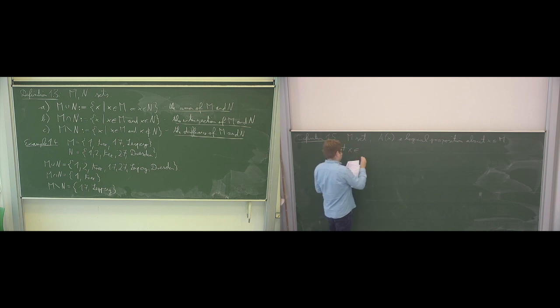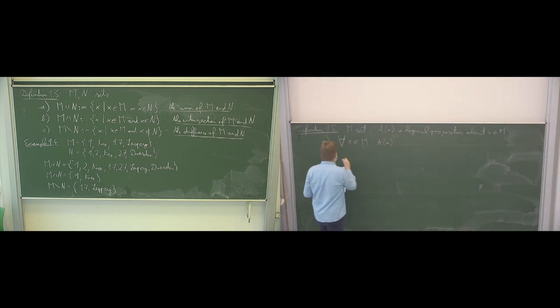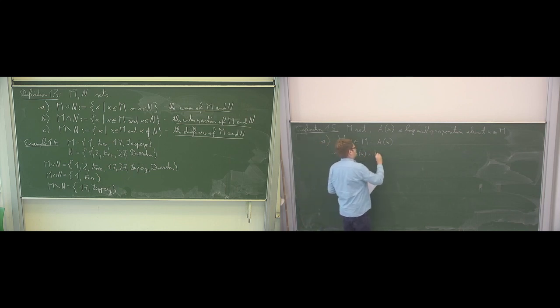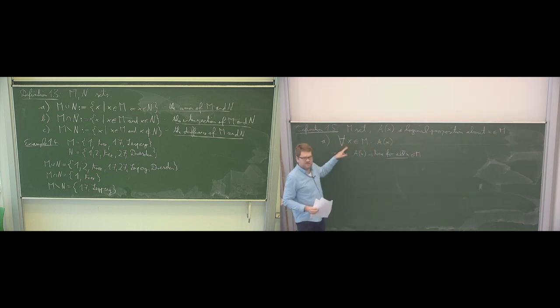For all X in M, colon A of X. This means this logical statement A of X is true for all X in M. So we speak this symbol as for all. Capital A upside down.